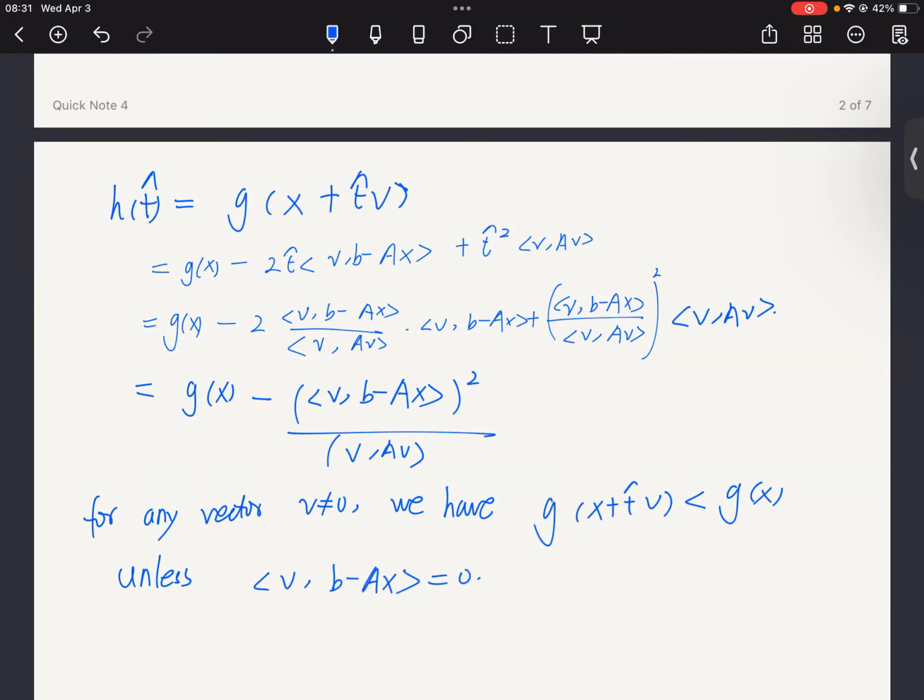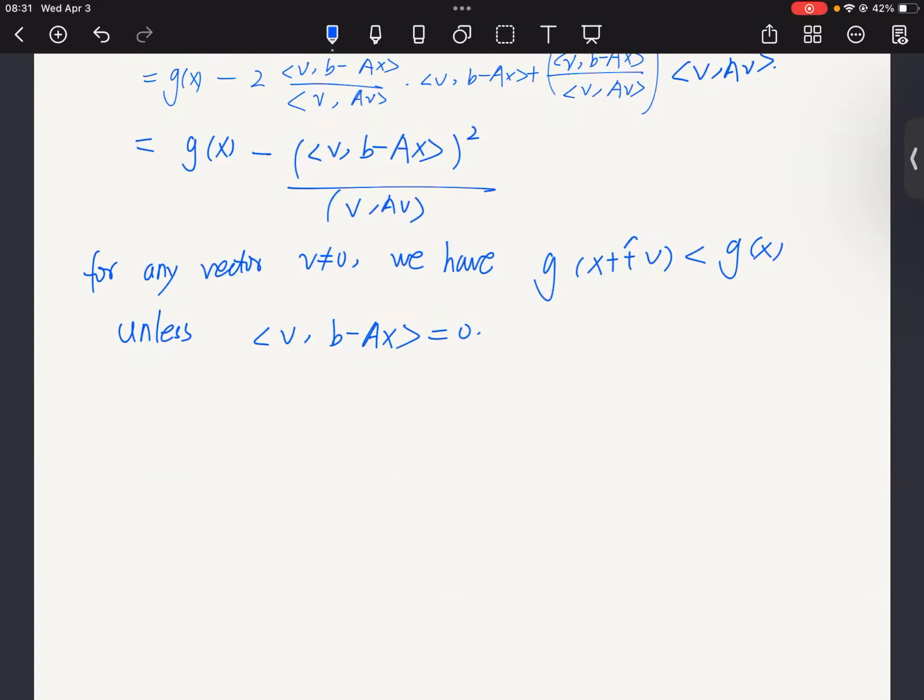And if v(b minus Ax) equals 0, then g(x) is just equal to the minimal point.